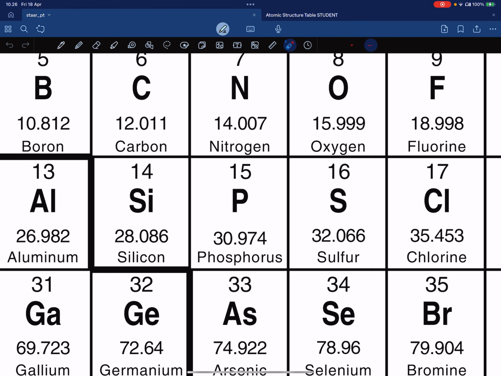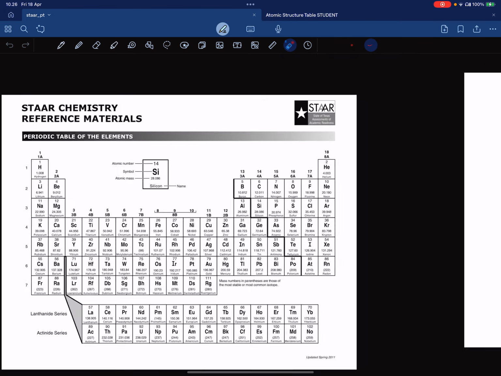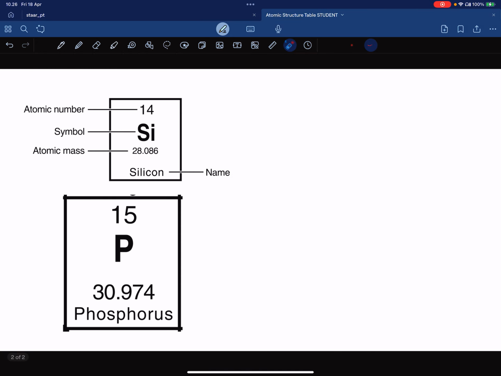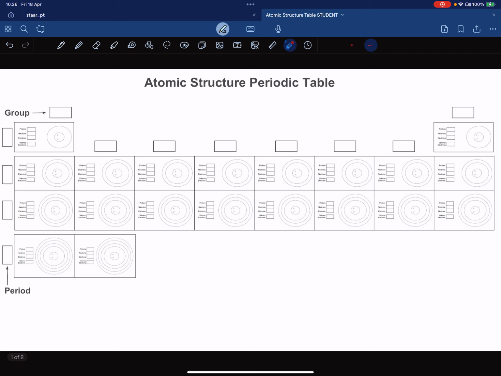Now, the element that I'm going to focus on for this example, and then you're going to do the rest, is element number 15, which is phosphorus. So I've taken the phosphorus square and I've taken this legend from the periodic table and I have put them here so that we can do the examples.